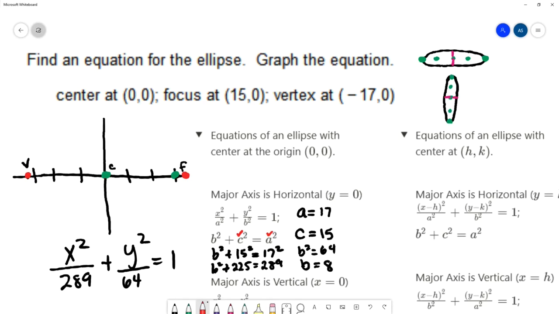And now that we know the value of B, I'm counting by fives again, that's 5 and 10. So we know how wide on the shorter side the ellipse will be, about 8 up and down. And we can connect those vertex points and draw a sketch of the ellipse.